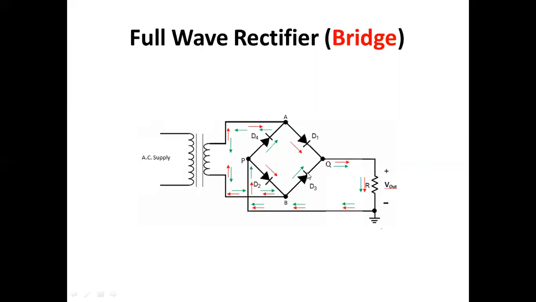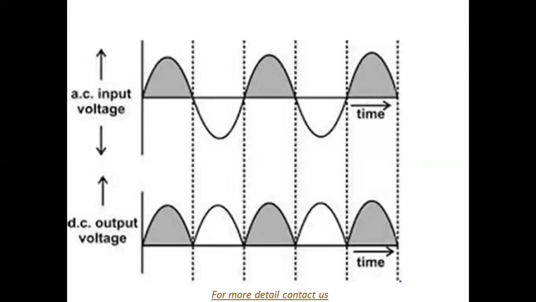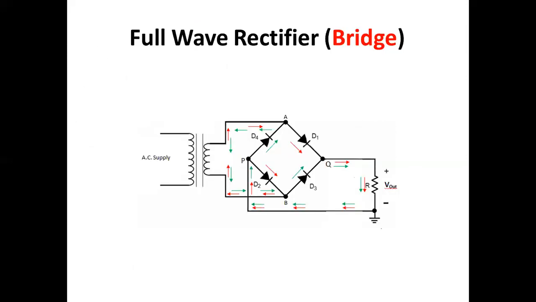If you observe, this is for the full wave rectifier of a bridge type. How could the output voltage be? Suppose it is a positive half cycle. For the positive half cycle, shown with the red arrow marks, positive here and negative here.